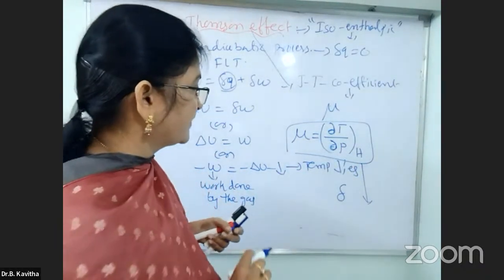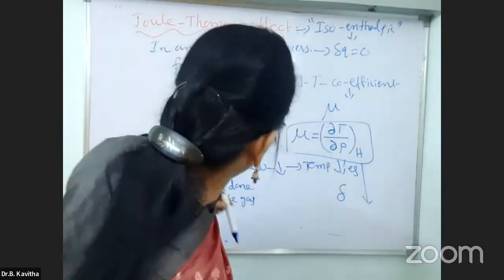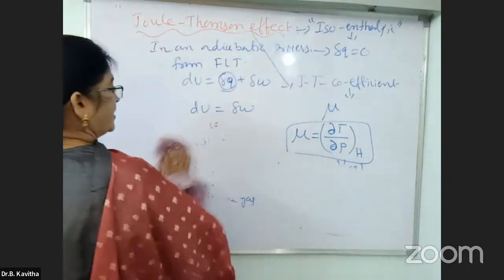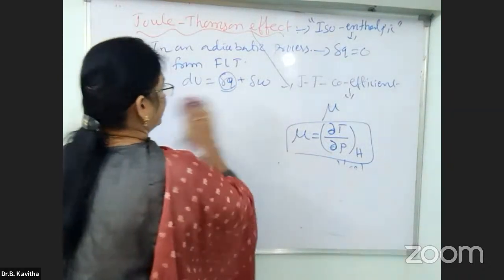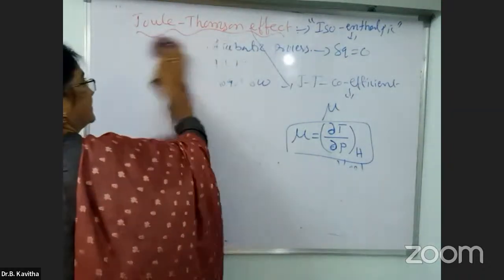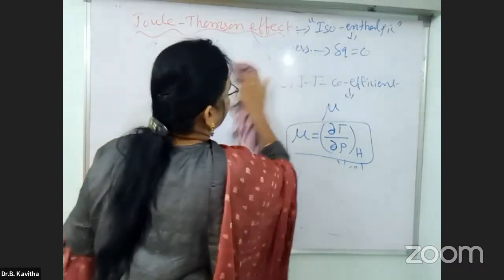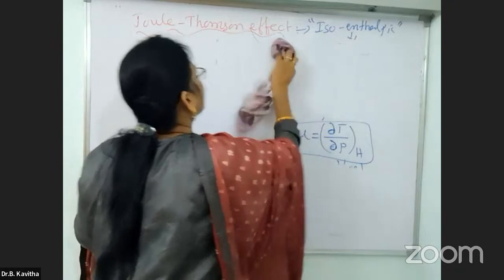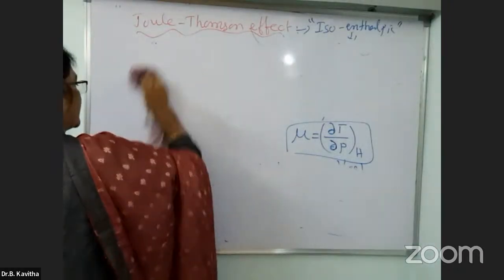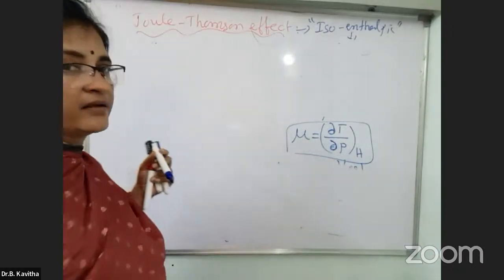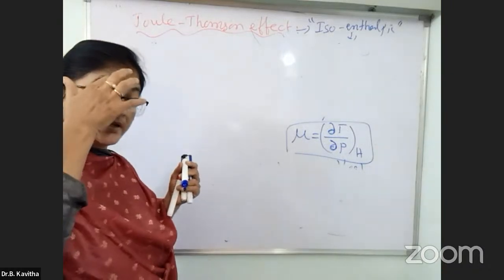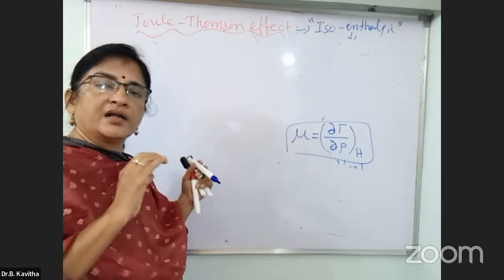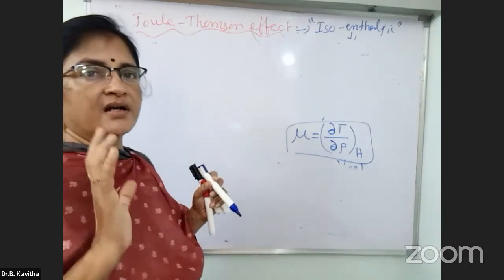And three things they have given here. One is, and one more is there, the deviations. Other gases undergo cooling, except hydrogen and helium. Except hydrogen and helium, for all the remaining gases the temperature decreases; they undergo cooling.